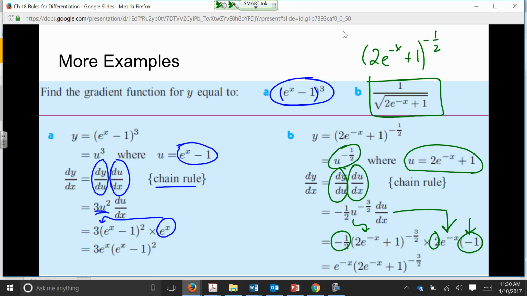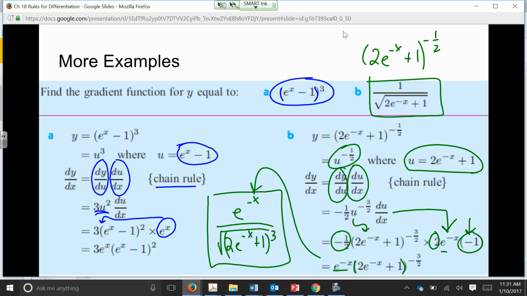So I really just have my e to the negative x from here times what I have in the parentheses there. And while the answer here shows it left as a negative exponent, I would refer you to this last part here, where we put it back with a positive exponent and say that it is equal to e to the x over e to the negative x, over the square root of 2e to the negative x plus 1 raised to the third power.